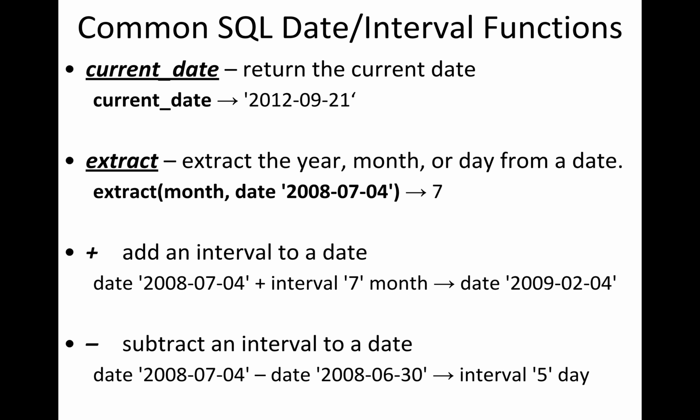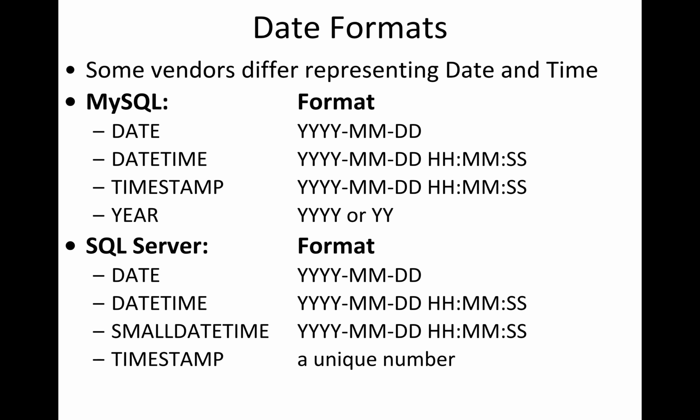Then you can cast it as a date, parse it as a date, create a date object, and operate on it to retrieve the month, the day, or the year, and use it in interval operations where you can add 7 months, subtract 3 days, and retrieve a resulting date. Plus, there's a whole bunch of other operators and formats, depending on your vendor.